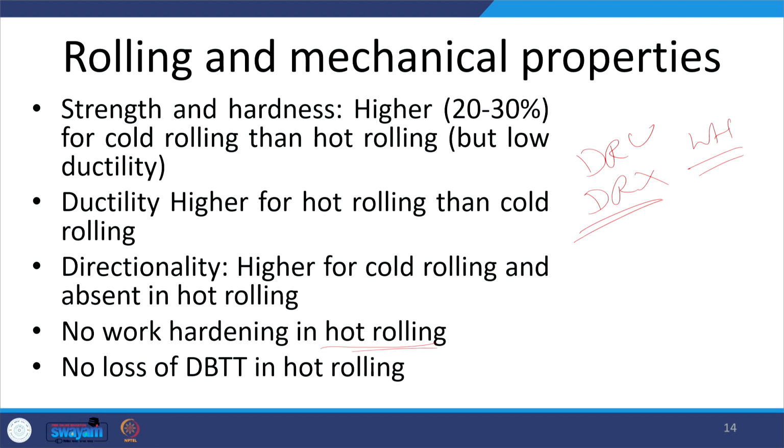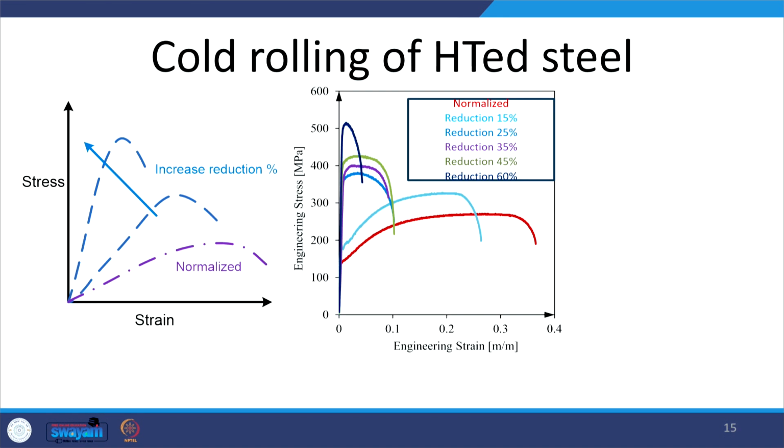And since we get the recrystallized fresh grains after the hot rolling, so there is no loss of the DBTT, ductile to brittle transition temperature, just like which was happening in case of the cold working or rolling conditions. So, we will see now few cases here.